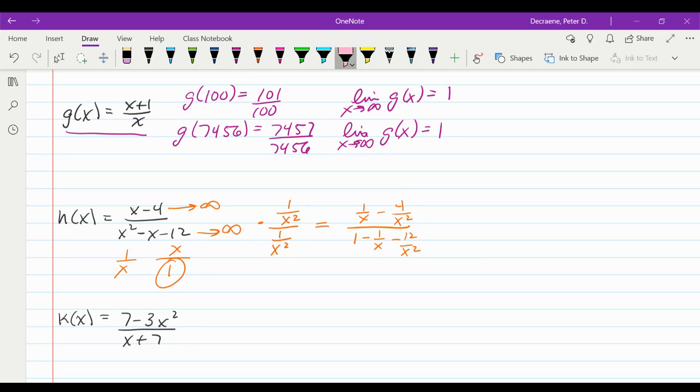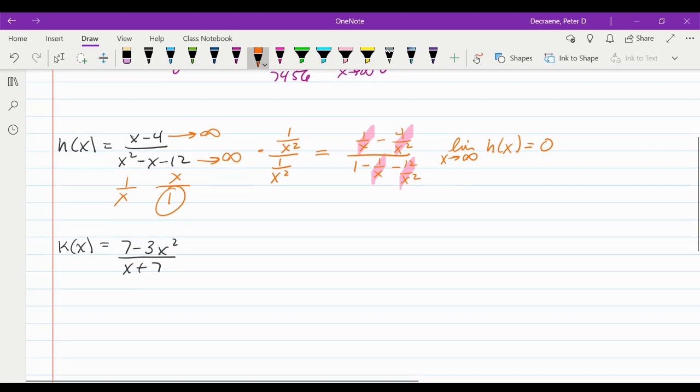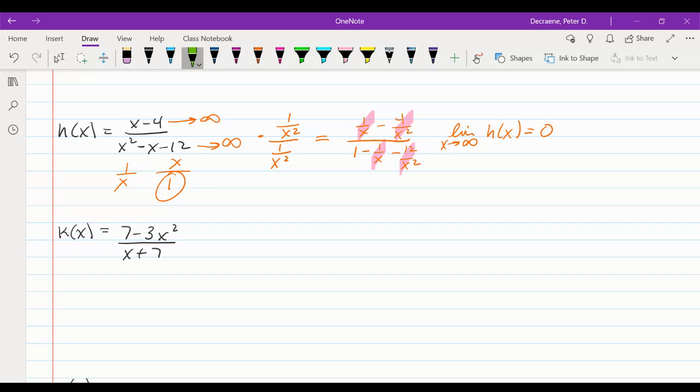And I'm hoping that you can see that as x goes to infinity, this goes to 0, this goes to 0, that goes to 0, that goes to 0. So the limit as x goes to infinity of h of x is equal to 0 over 1, which is just 0.